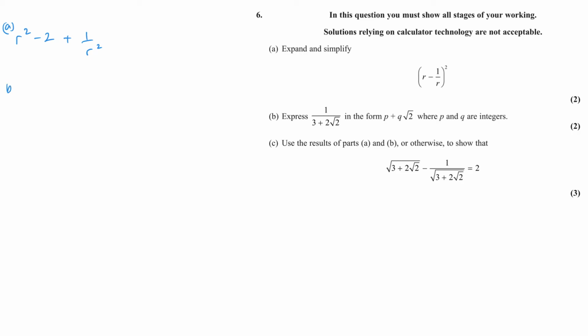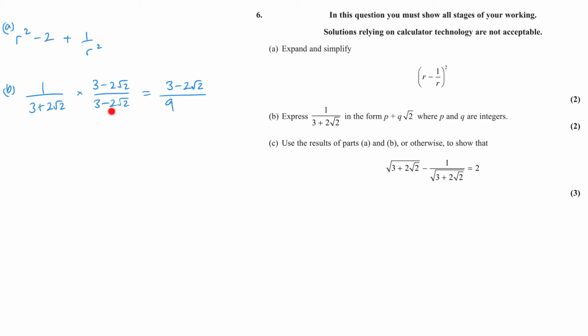Now part B is write this in the form P plus Q root 2. So it's really just rationalizing this. So times top and bottom by 3 minus 2 root 2. So 3 minus 2 root 2 on the top. And then on the bottom we get 3 times 3, which is 9.